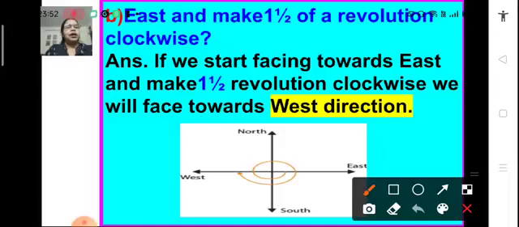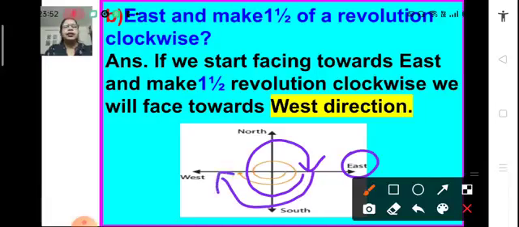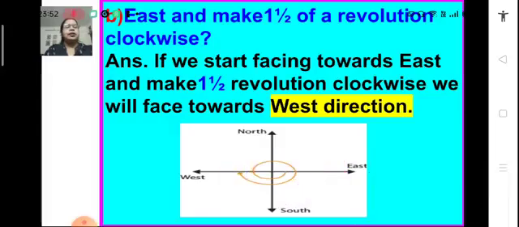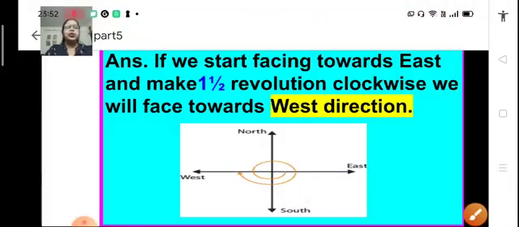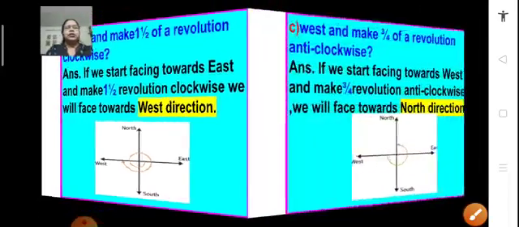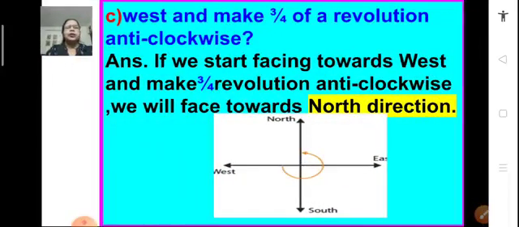So if you are starting here at east, and you take 1 complete revolution, again you will come back to east, and 1 more half revolution, from east to west, is another half revolution. So you will complete the 1 1/2 revolutions, and you will face the west direction.